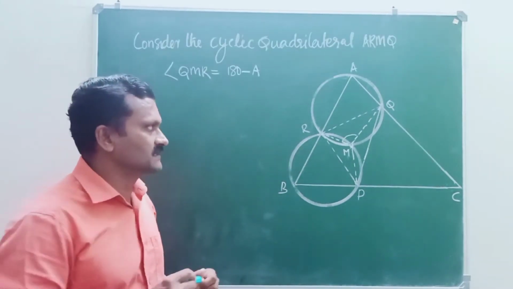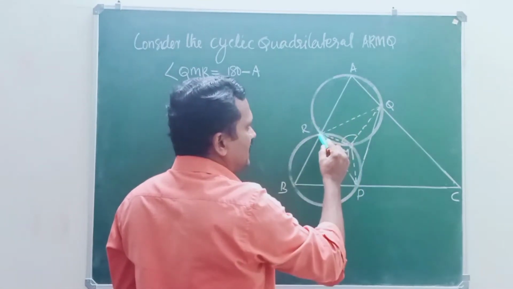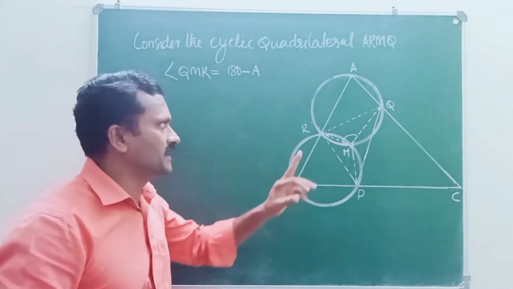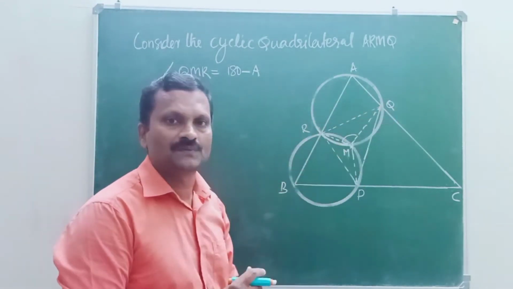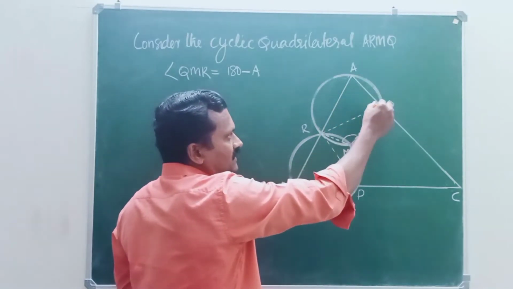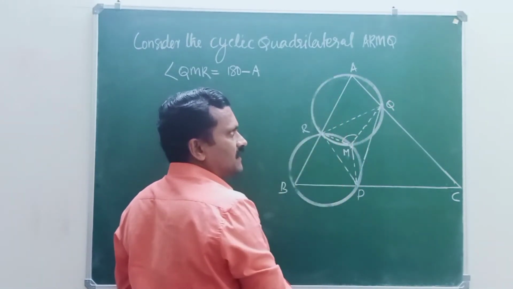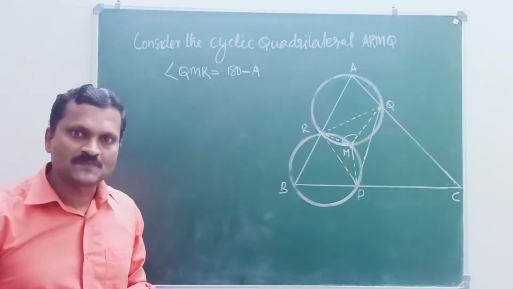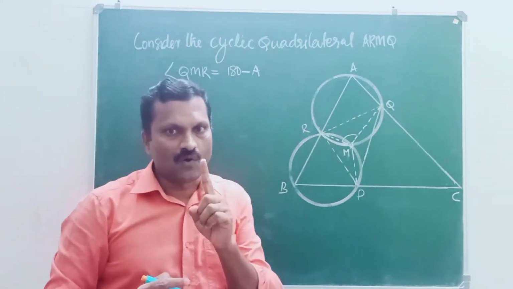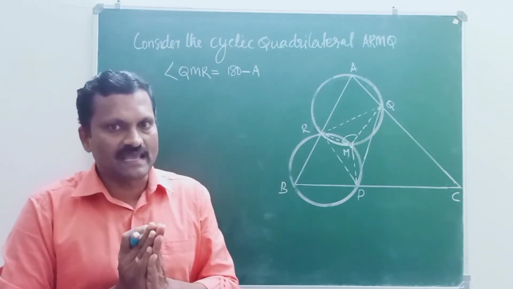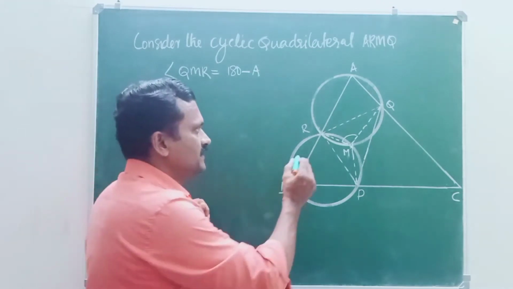First we consider the quadrilateral ARMQ. What type of quadrilateral is ARMQ? There is a circle which passes through all the vertices of this quadrilateral, so the quadrilateral is a cyclic quadrilateral. In a cyclic quadrilateral, opposite angles are supplementary. The sum of the opposite angles is 180 degrees.